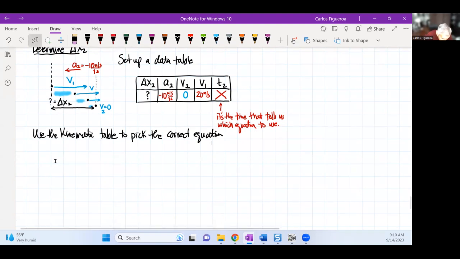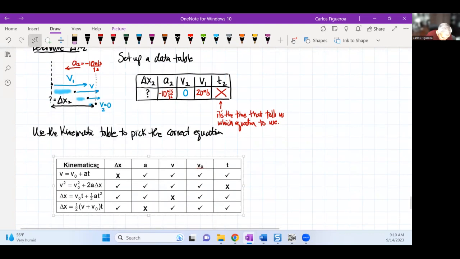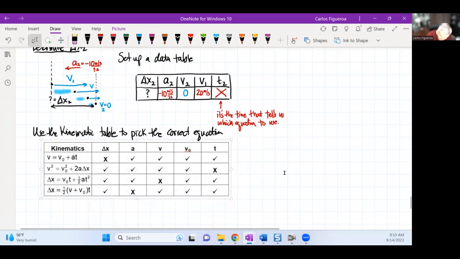Here's my kinematics table. I'm only looking for the time that we don't know. So I go to the time, look at my time. This is the only location that says I don't have the time. So that means I have no choice but to use this equation right there. No choice. So that's my equation.